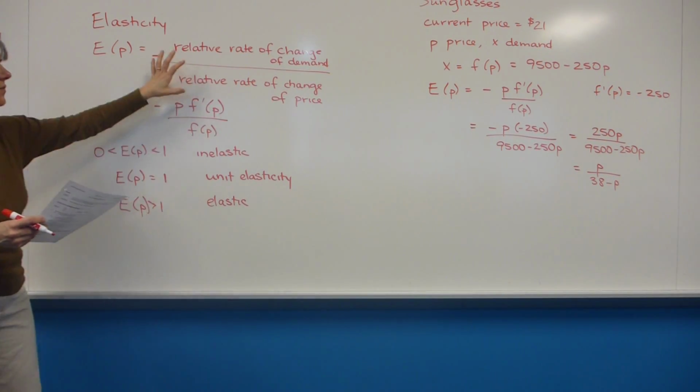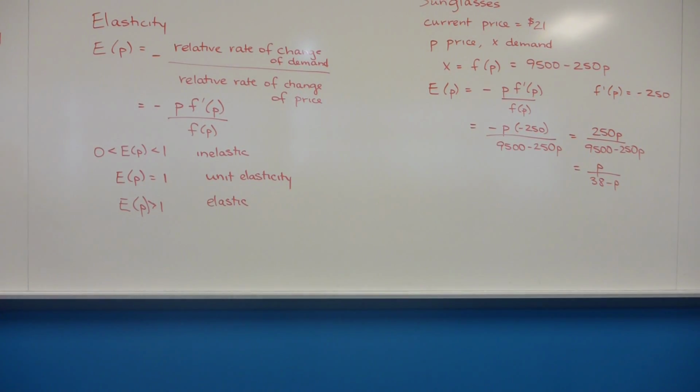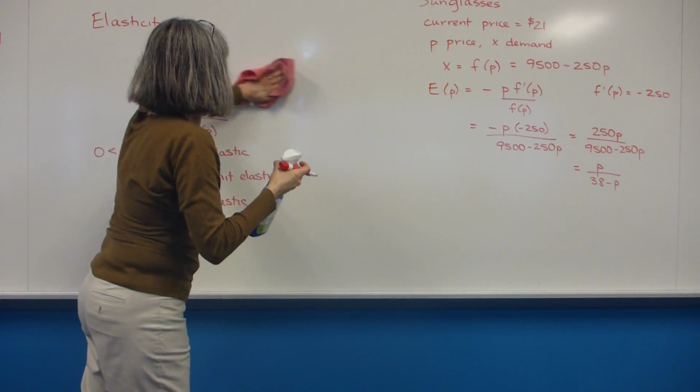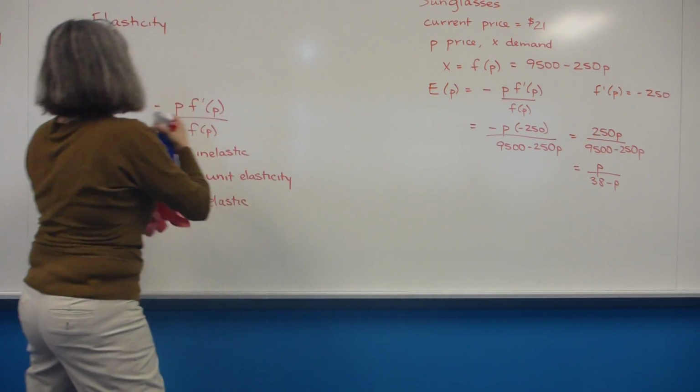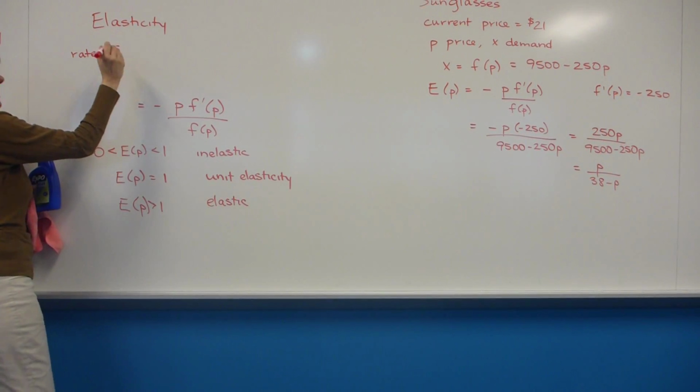So I can actually rewrite it. A lot of times I like to rewrite that. In fact, I'm going to do that. So maybe if you have room under the table, let's rewrite it this way. I'm going to take this and write it slightly differently. If I know the rate of change of price, I'm just multiplying both sides by the denominator.